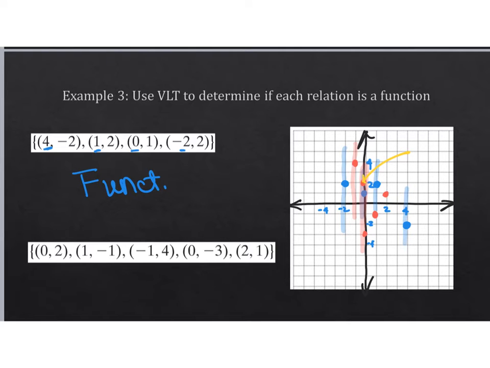So I have this red dot here, and I have this red dot here on my vertical line. So because I just hit 2 points on the same graph with my vertical line, this tells me that this is not a function. And you can come back here and confirm, because I have the point 0, 2 and 0, negative 3.